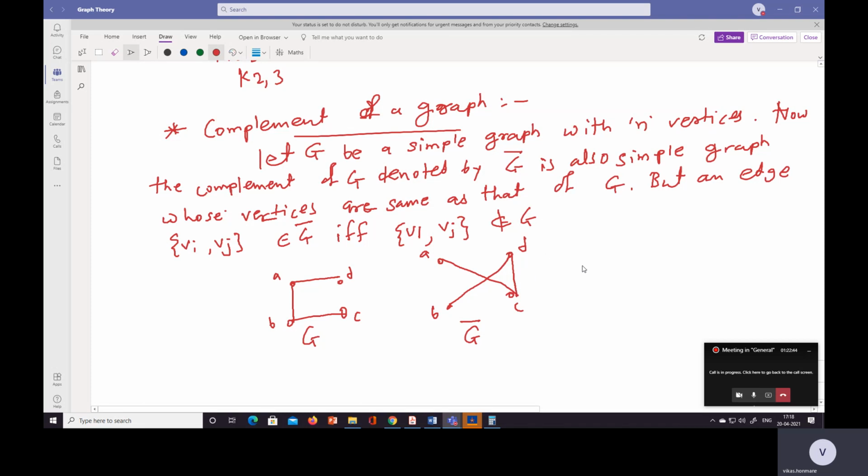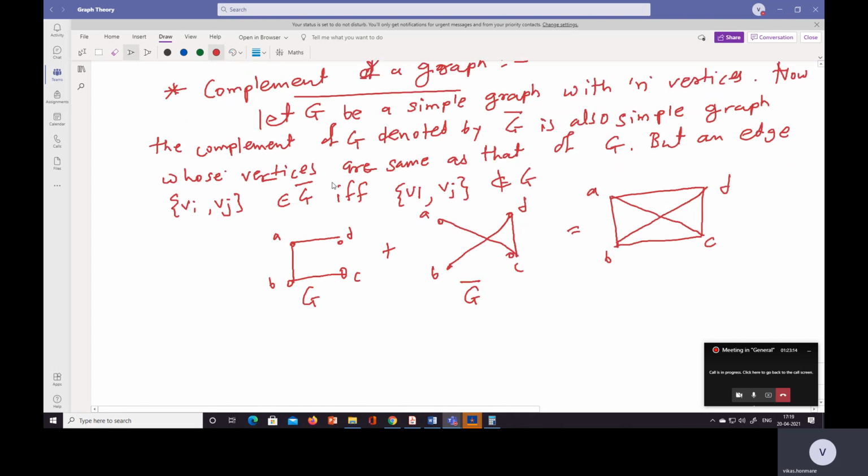Whenever we combine G and G bar, we get a complete graph on A, B, C, D. So if G is a simple graph, I think the complement of a graph concept is clear to you.